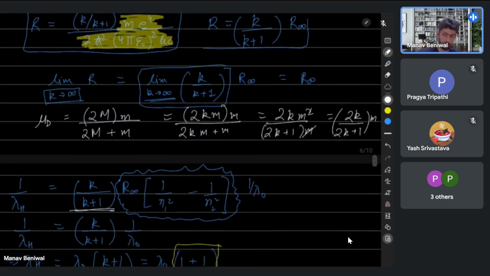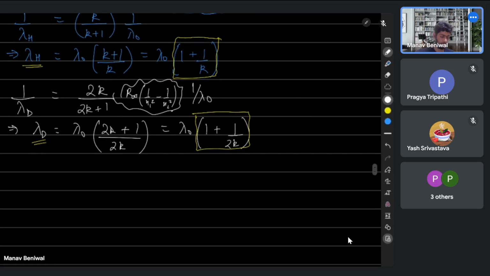Okay, so we are almost there. How do we proceed now? We basically want to find delta lambda. Delta lambda is nothing but lambda h minus lambda d, and you can write this in terms of lambda naught as (1 plus 1 over k) minus (1 plus 1 over 2k), correct?